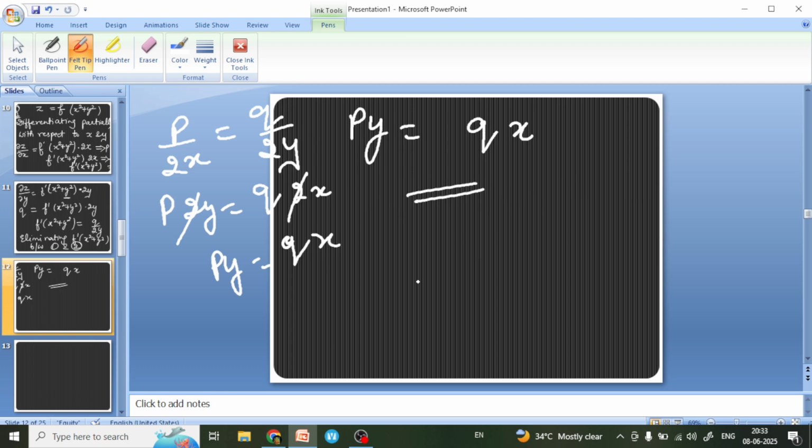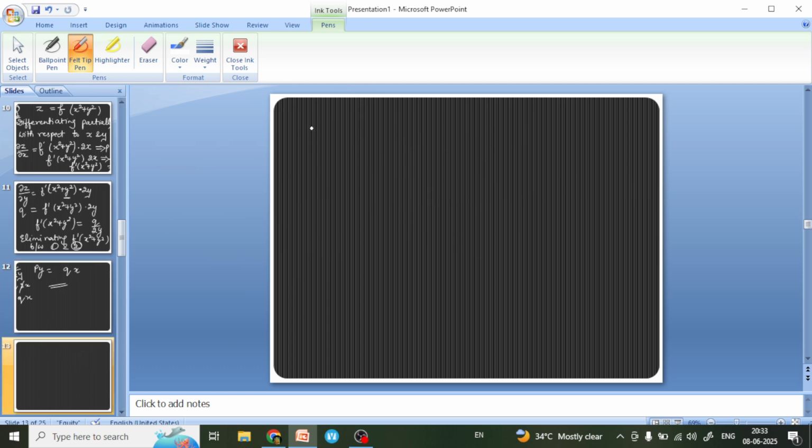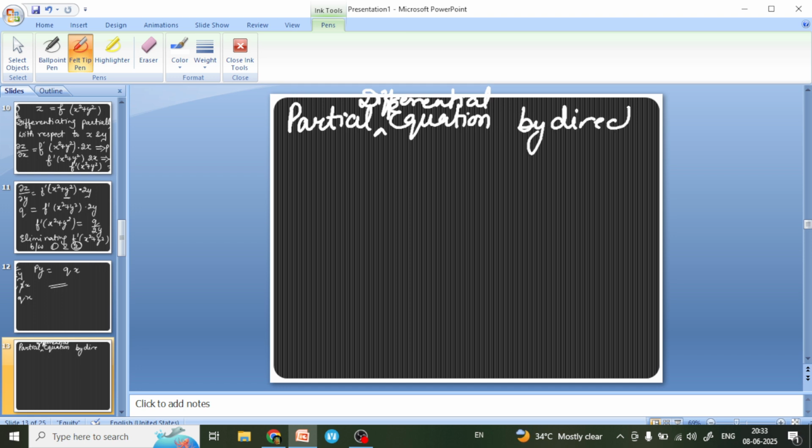Now the next method is solving a partial differential equation by direct integration.